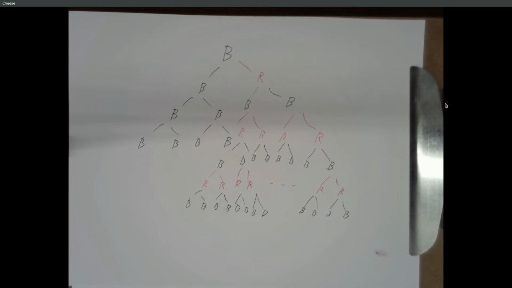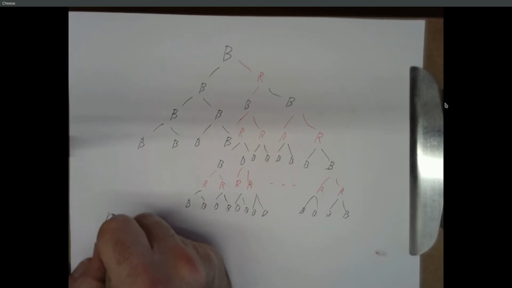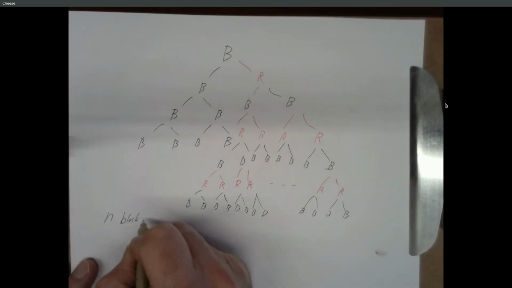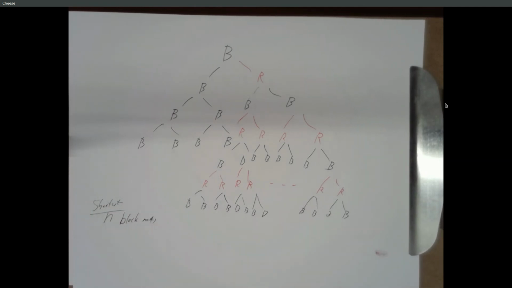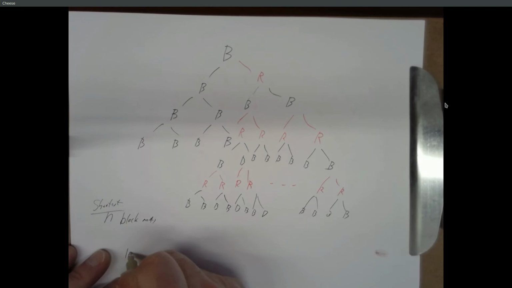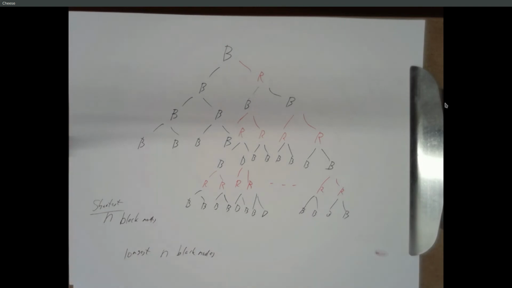It can never be more than twice the height. Yeah. So there's a factor of 2 in here. So suppose your shortest path has n black nodes. Well, your longest also is going to have n black nodes, right? Because that's got to be constant.